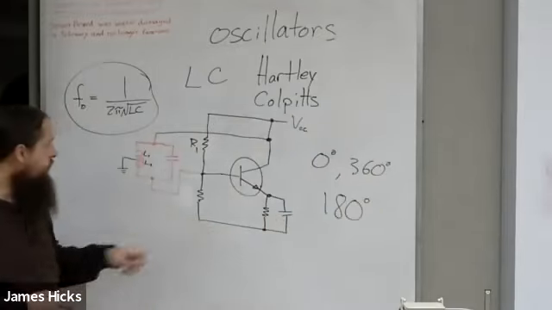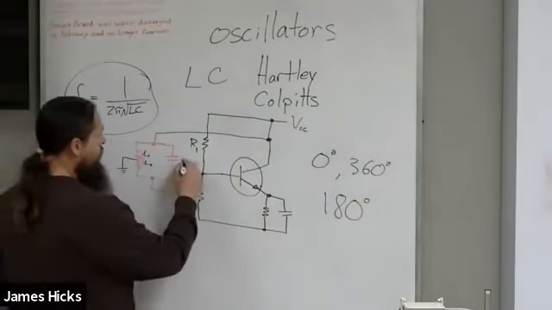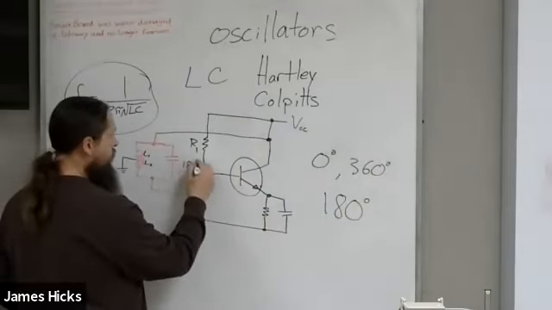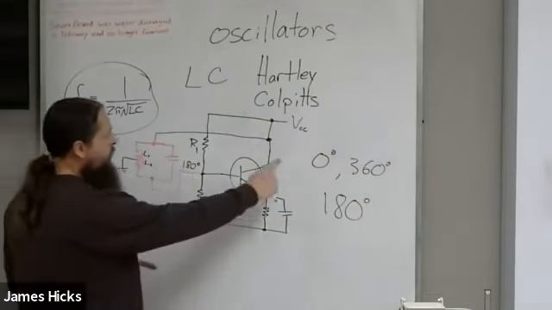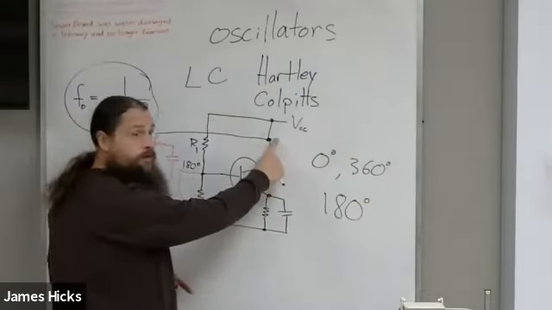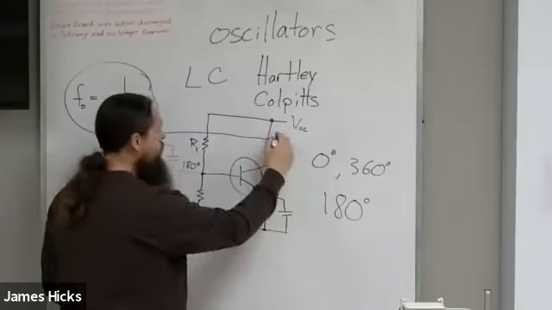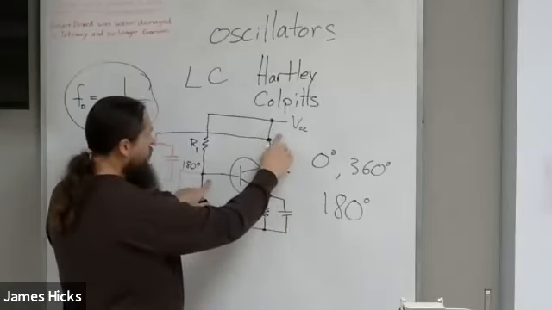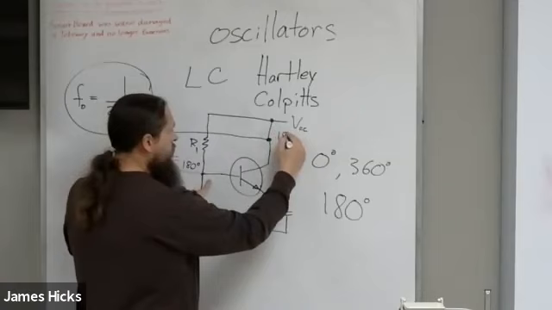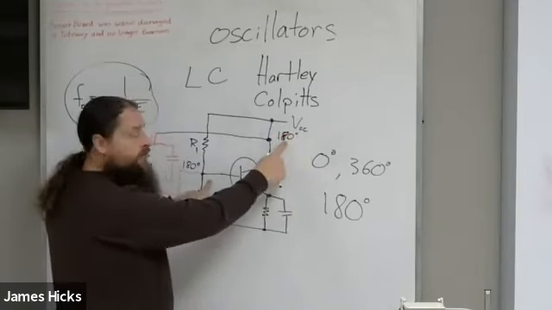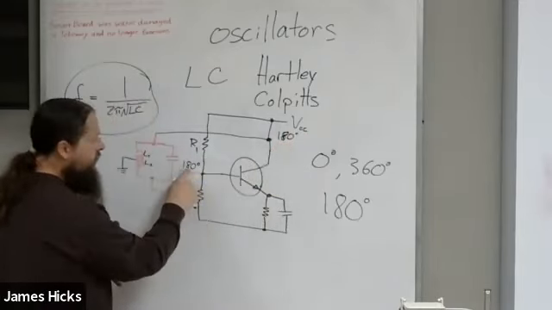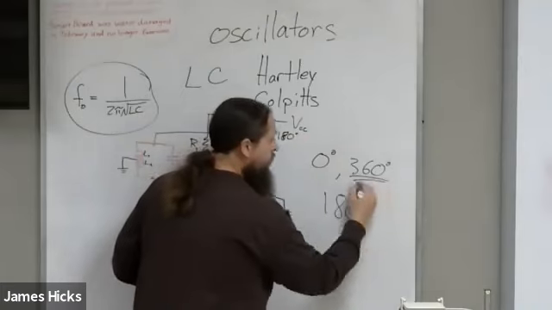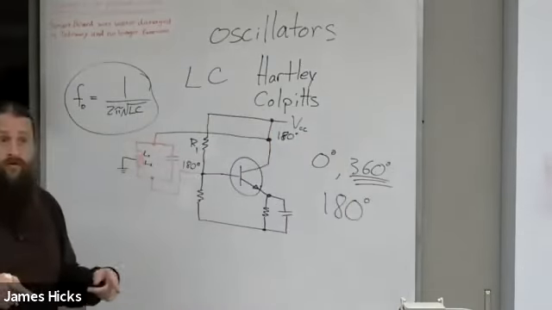But lucky for us, remember, when I take the output from the collector to base, there's a 180 degree phase shift here. So there's one inversion, there's a second inversion. So that's no phase shift at all.